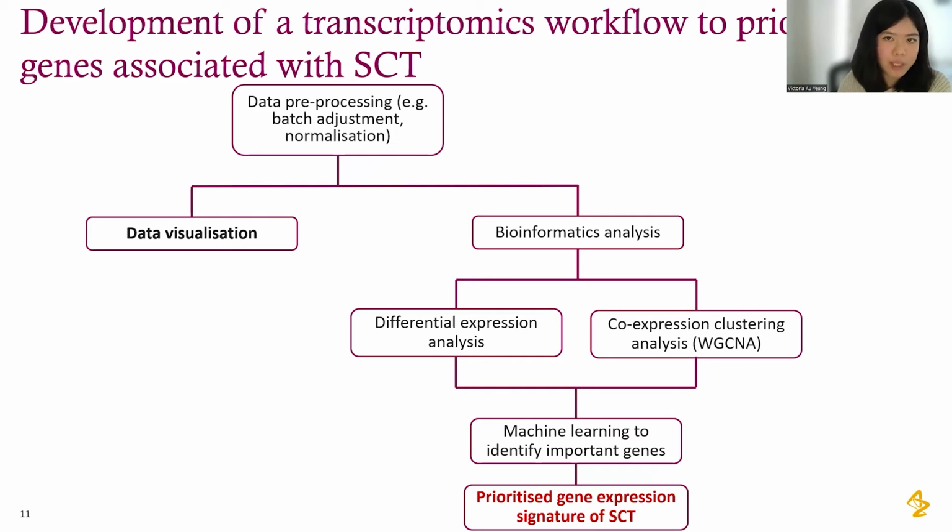So with omics workflows, it's always important to make sure you have a bioinformatic pipeline in place. First, of course, you have to pre-process your data set and make sure that the quality of it is good. So some of the considerations we would typically have for a transcriptomic data set include batch adjustment. In our experiment, we performed the profiling in different batches.